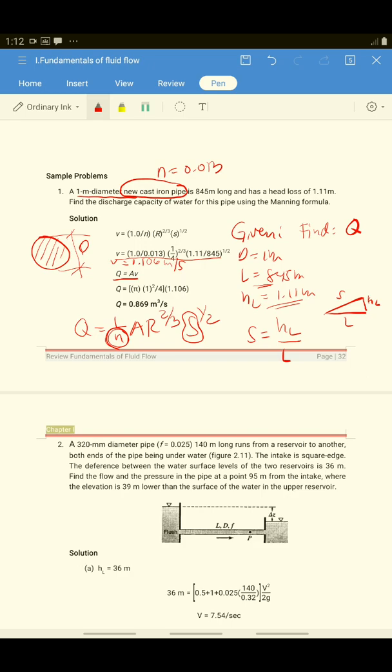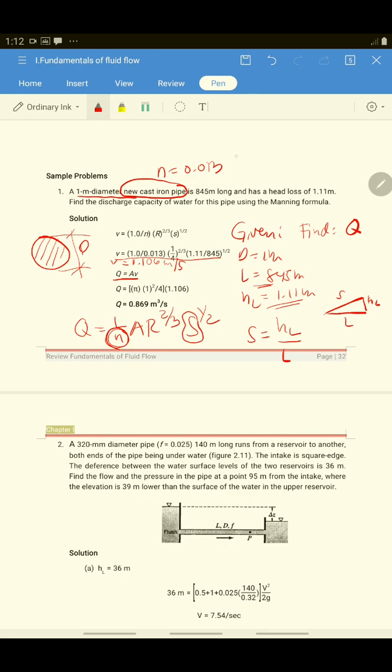If the friction factor is given, you will use it in getting the velocity using the Darcy-Weisbach equation. If the C value is given, we will use the Hazen-Williams equation in getting the velocity. If the value of N is given, Manning's equation will be used.